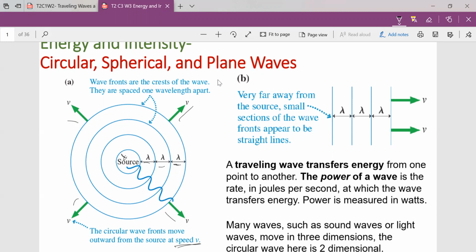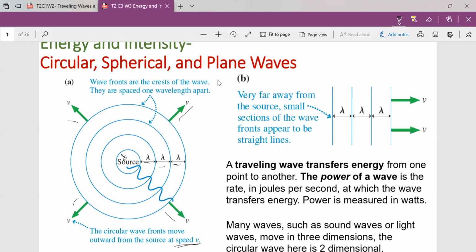And a good example is dropping an object in water. You will see the wave spreading out from the source, and the crest is what we use to define the lines that represent it.